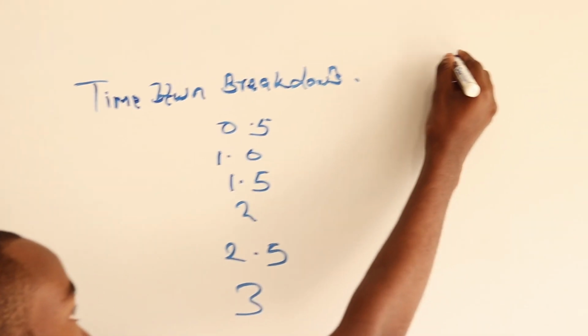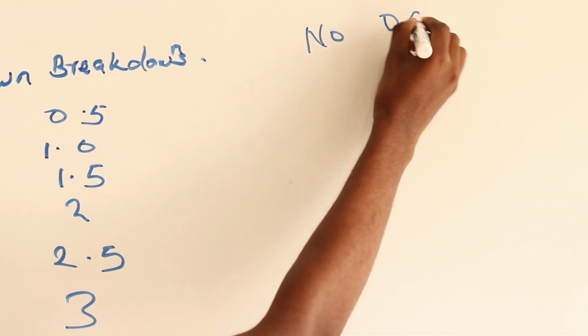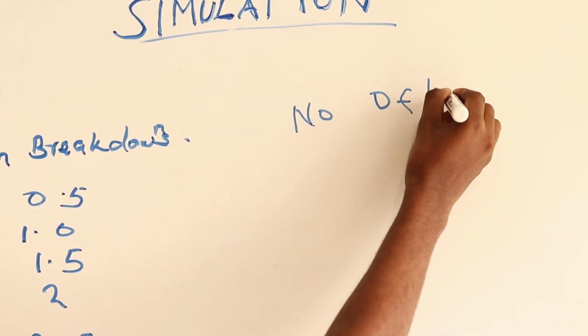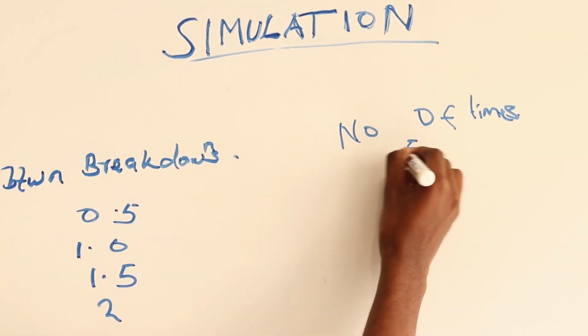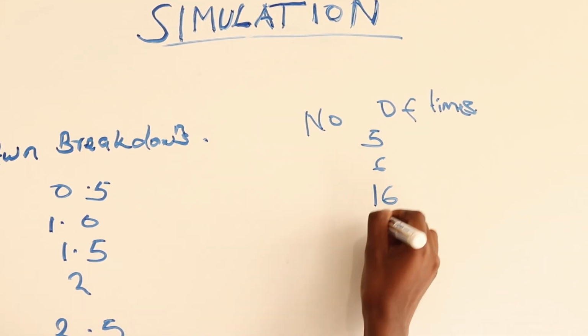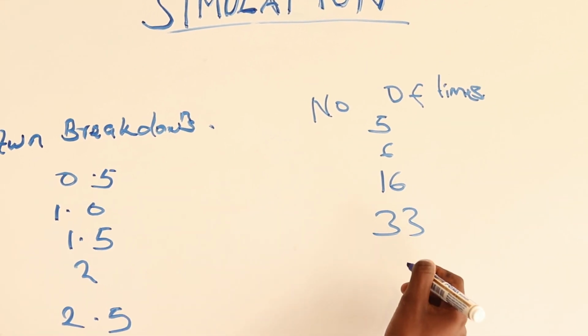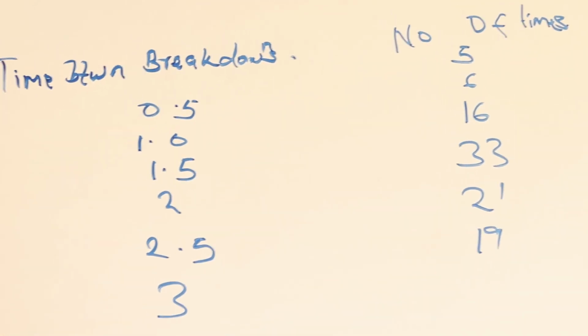And the number of times this has occurred, this is provided for the time between breakdowns: we have 5, 6, 16, 33, 21, and 19. And also we have been given repair time.